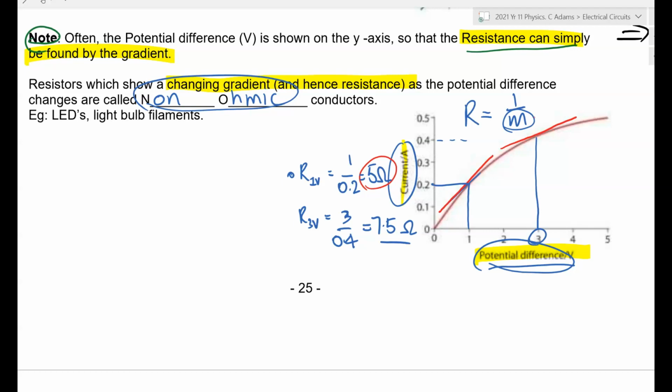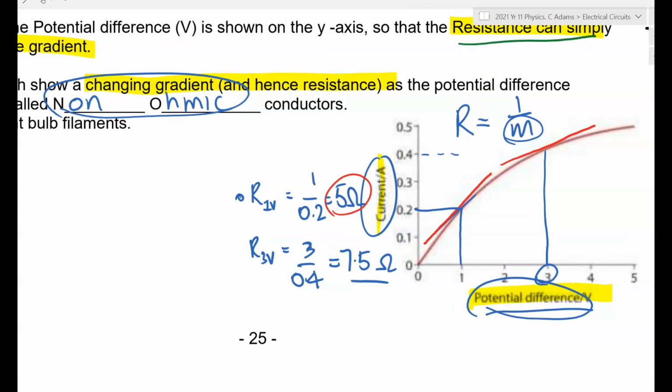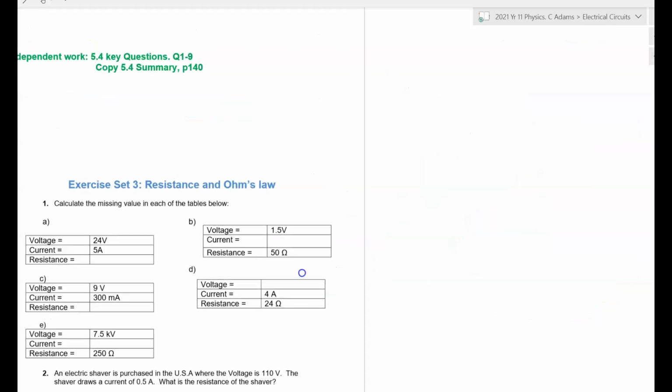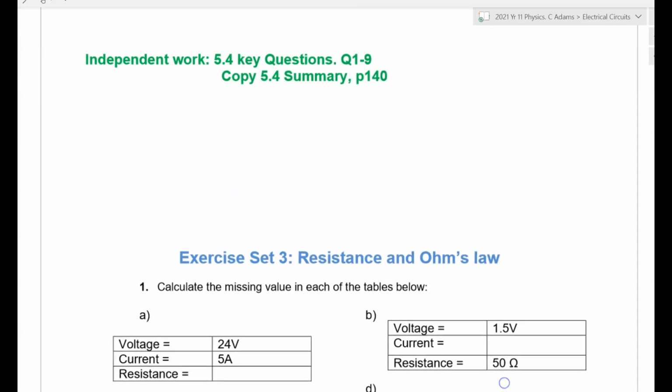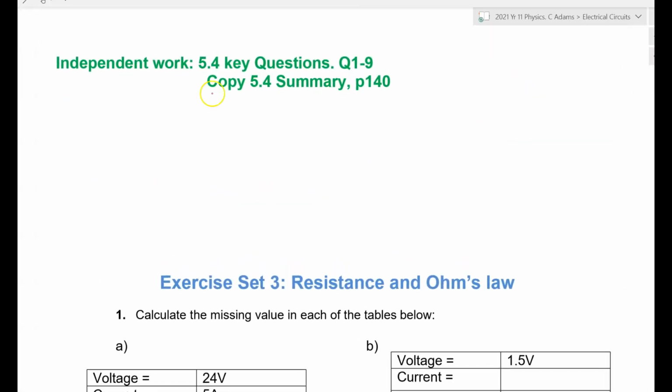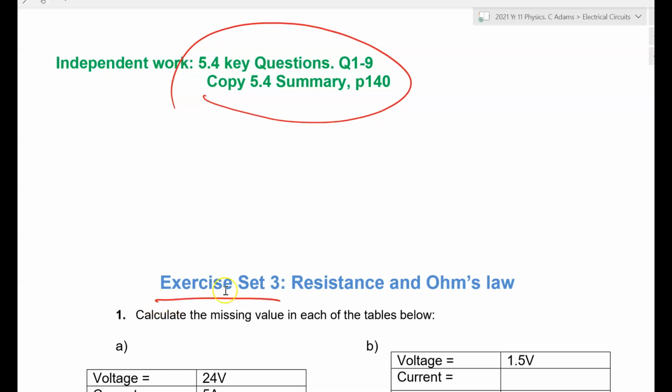All right. So two main types of resistors, ohmic and non-ohmic. They still all obey Ohm's law. It's just the non-ohmic ones where the resistance changes, usually due to heating. Okay? So we saw those examples. Next thing you need to do is get cracking with the key work from exercise or section 5.4, and then of course we've got our exercise set 3.